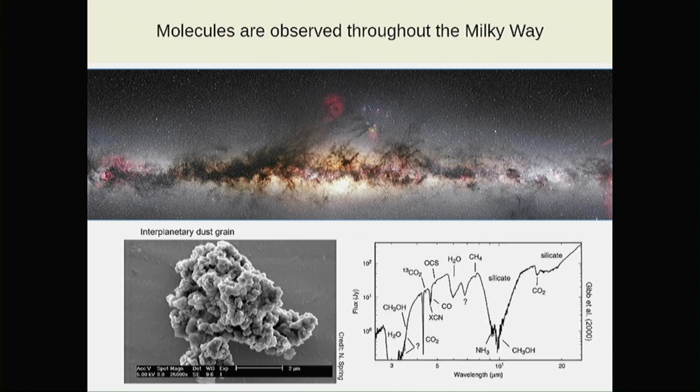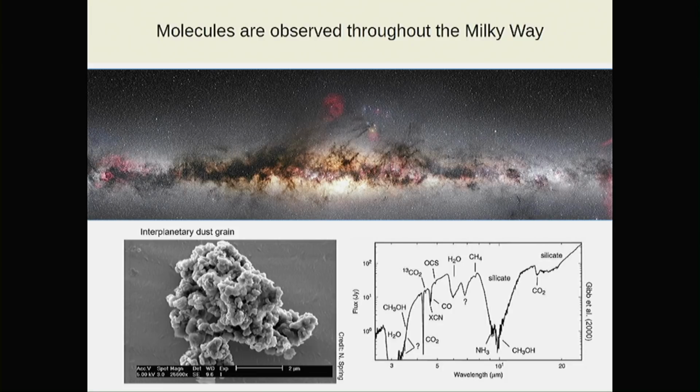But it's not just dust that is there, but it is ices that form on their surfaces. Again, I showed this picture earlier, but this is the 2 to 20 micron wave band where you can detect infrared absorption from, in particular, simple hydrides, other simple molecules, CO, CO2, but there are very strong features from water.